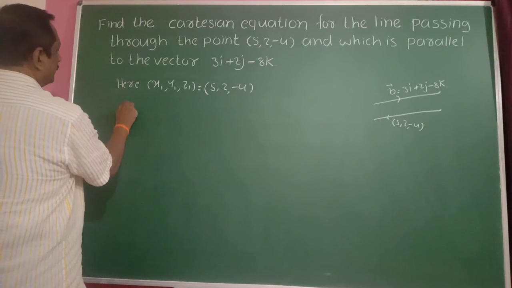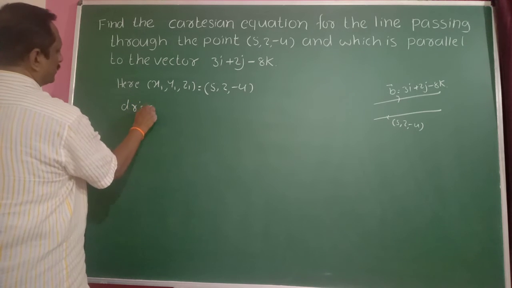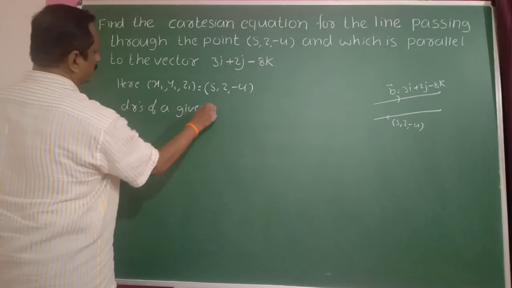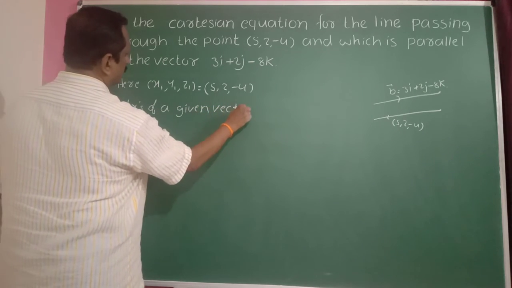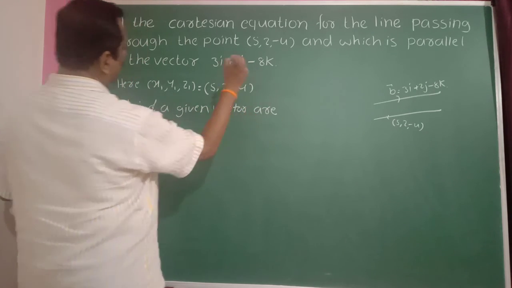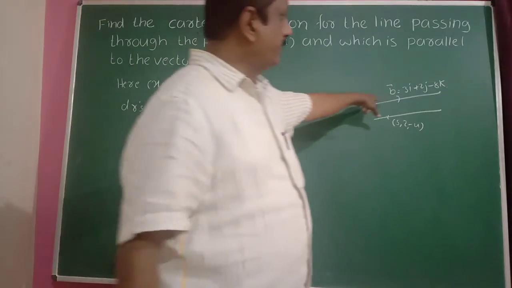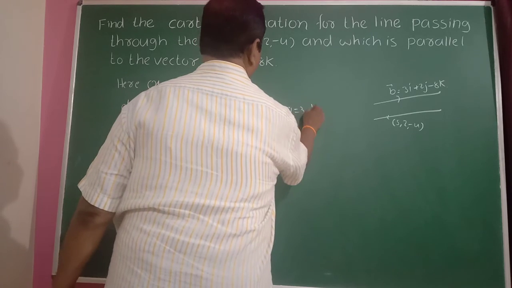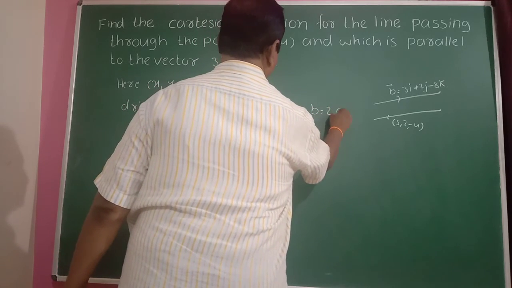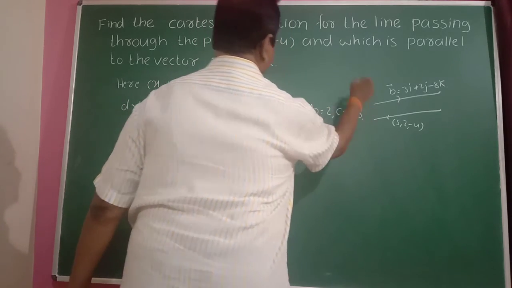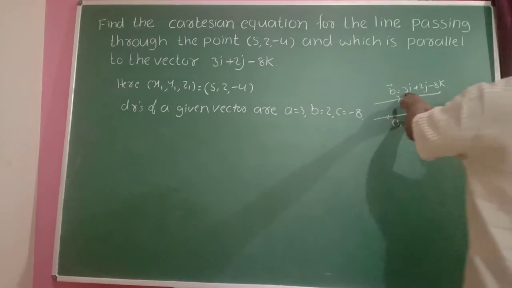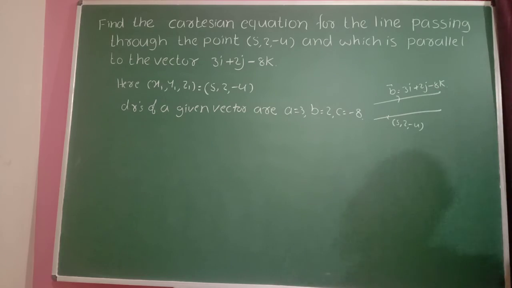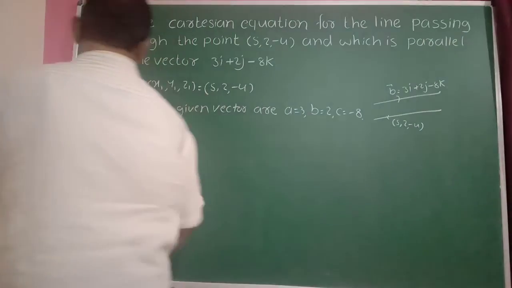And the direction ratios of this given vector are a = 3, b = 2 and c = −8. A value 3, b value 2, c value is −8. Yes, now the Cartesian equation of the line.